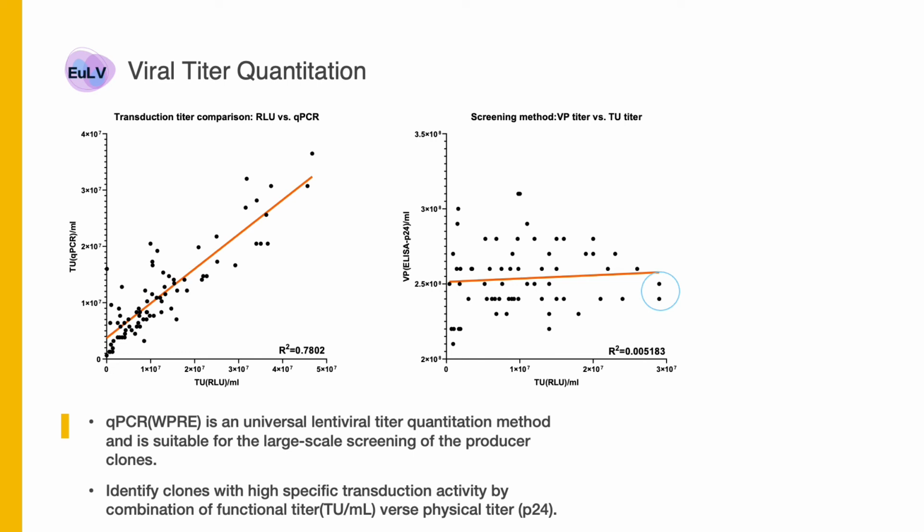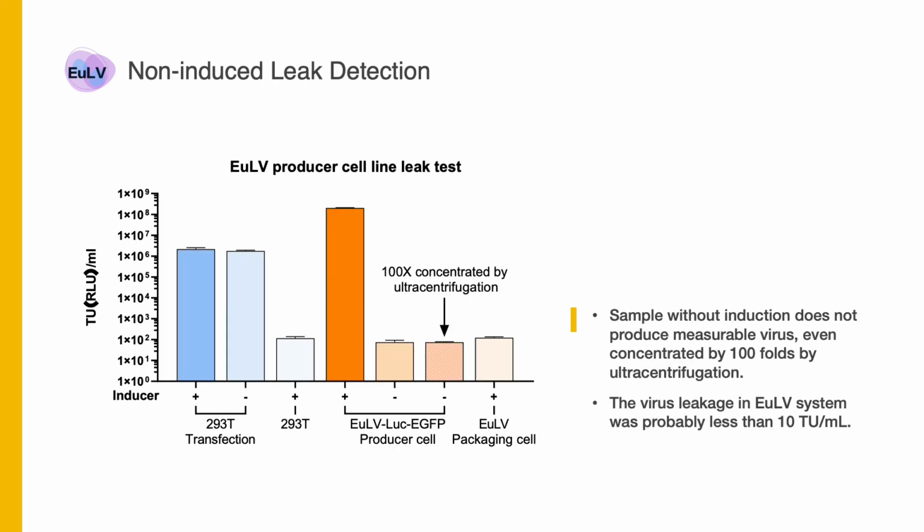In the figure at the right, the x-axis is the transduction unit, and the y-axis is the P24 reading. In this example, the 2 clones in the blue circle produce less P24 but have higher transduction titer.